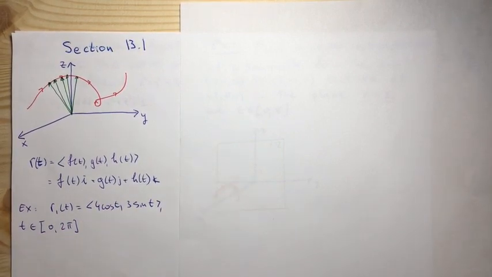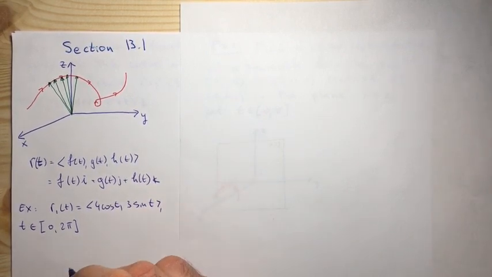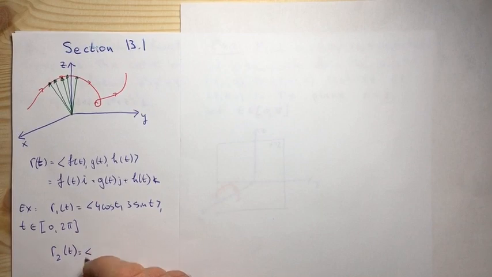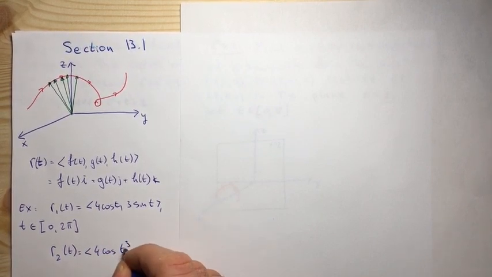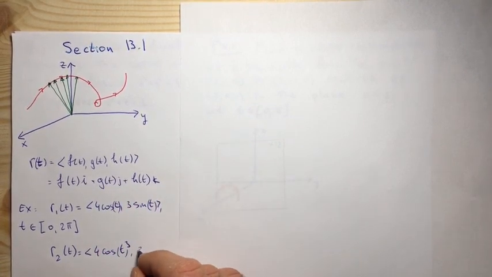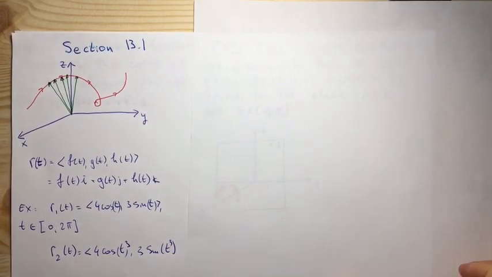If you remember, this was an ellipse. It can also be written, or reparameterized, by the vector function 4 times cosine of t cubed, 3 times sine of t cubed.